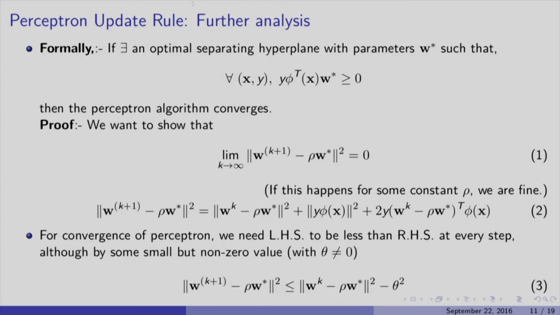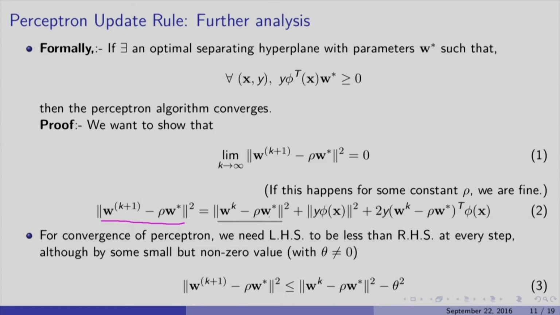Well, first we decompose this w k plus 1 minus rho w star into two parts. The first component involves the distance of the previous iterate from rho w star.